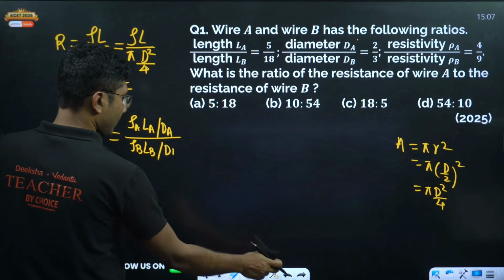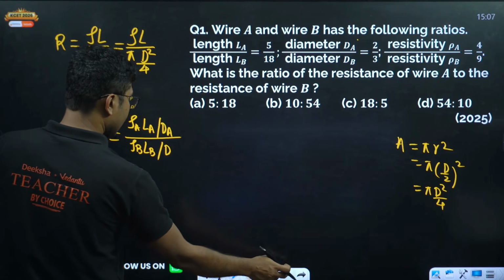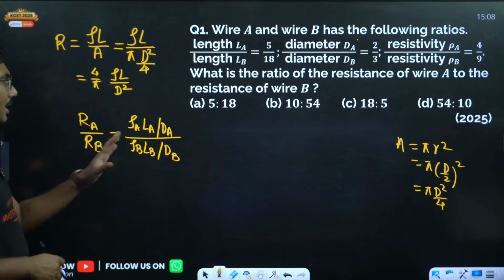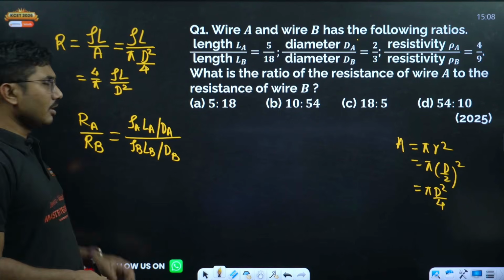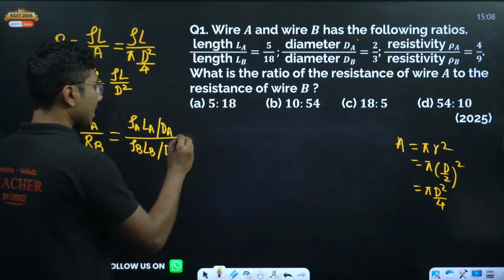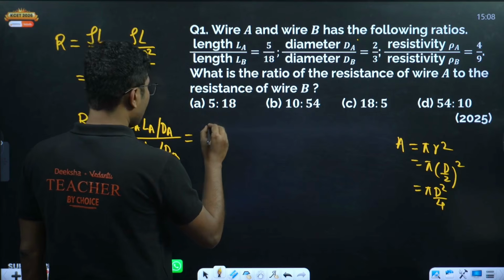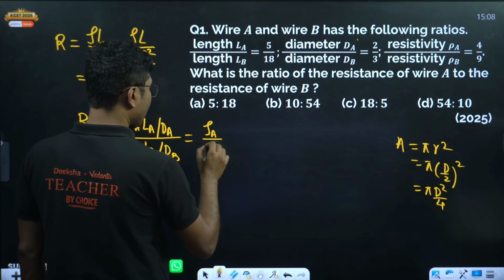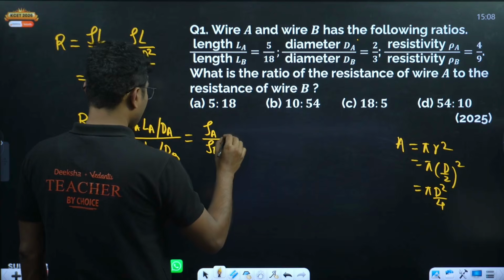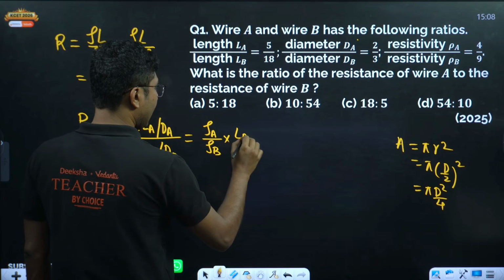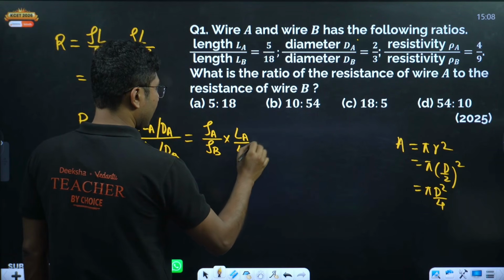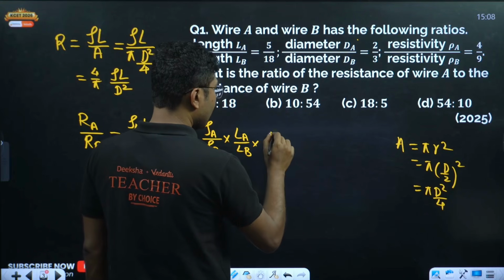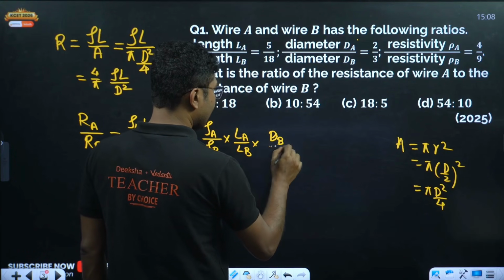So basically you can say that this is the formula for the ratio of the resistance. Now if you simplify this, you will get rho A by rho B into LA by LB into, because both of them are division of division, it will be inverted, so DB by DA.